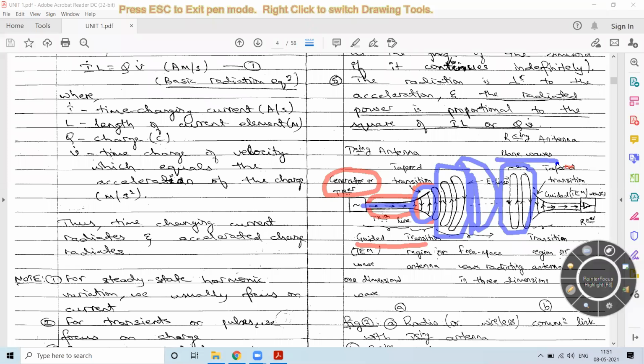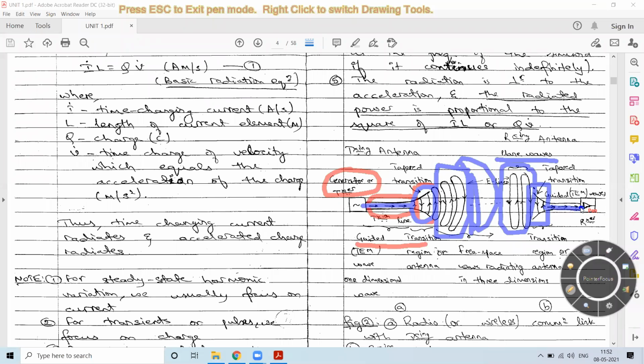Again at the receiving end, you have a tapering section, which is also called the antenna, and again the transition starts. The spherical waves which were transmitted will be converted into guided waves.